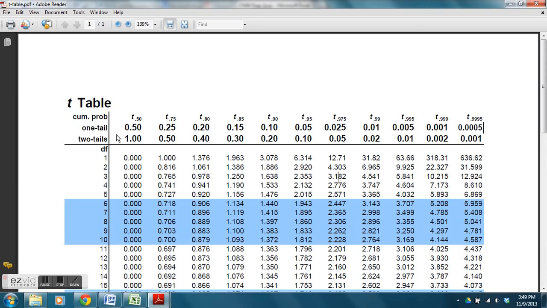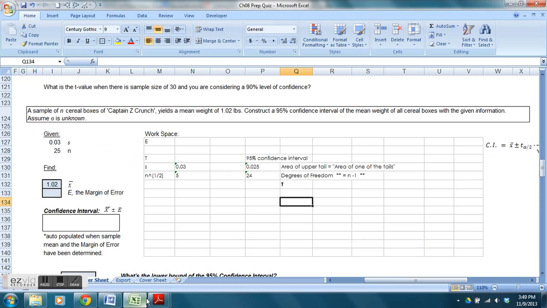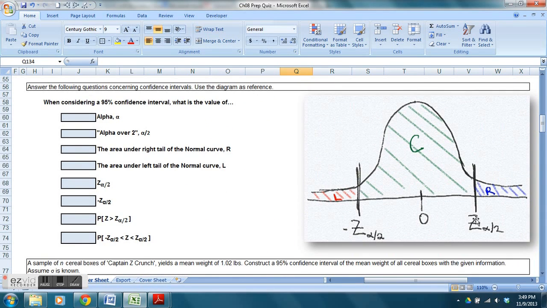Either way you look at it, you get to this column. The 0.975 is your cumulative probability. Let me go back to this sheet. The area in our upper tail in this example is 0.025, and the cumulative probability is everything less than or equal to that value, or everything left of that value. I know this says Z, but you could replace this with a T and it'd be exactly the same.